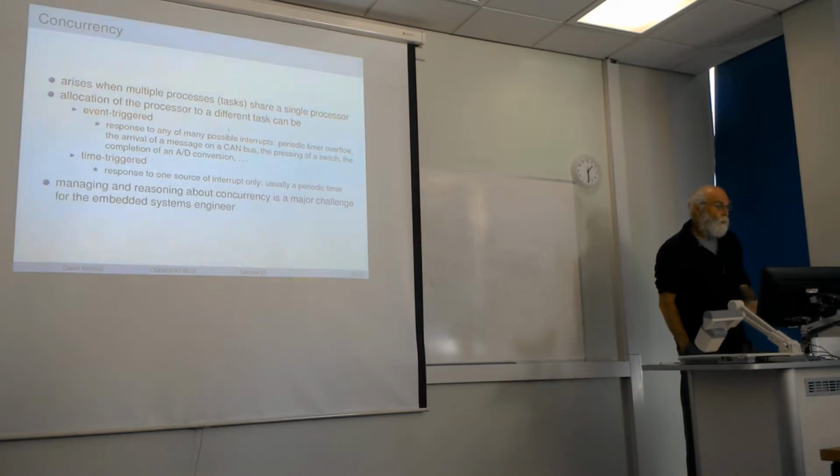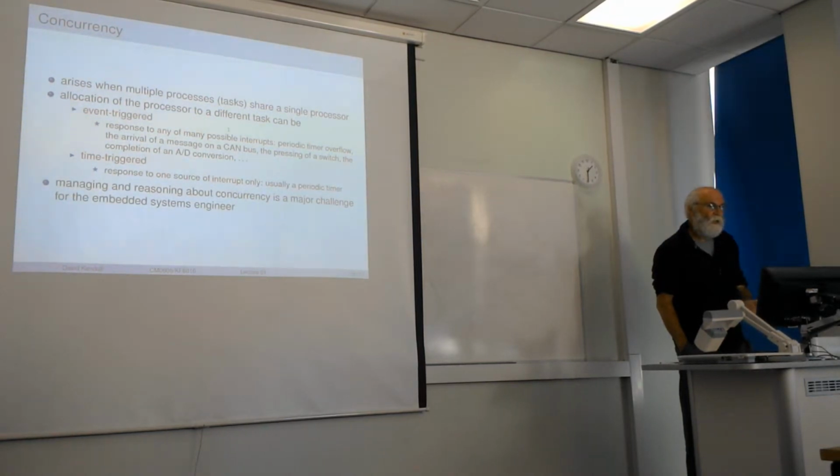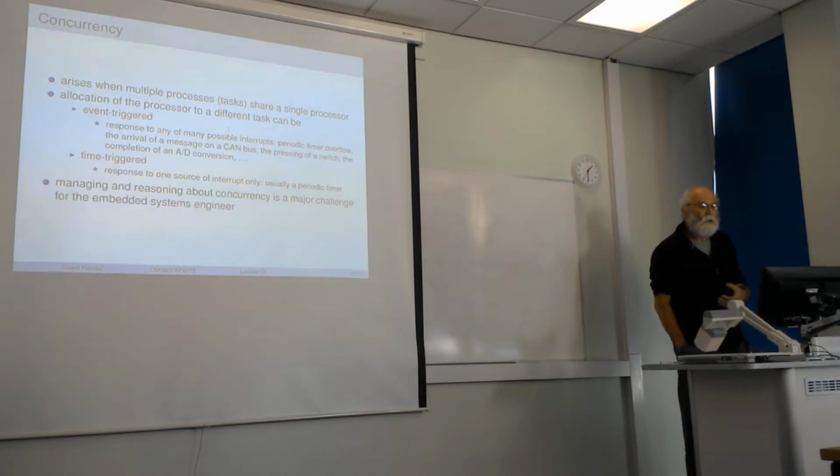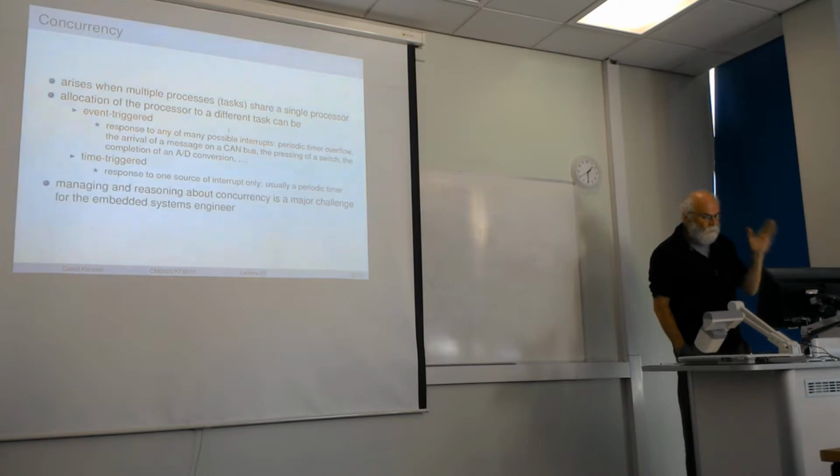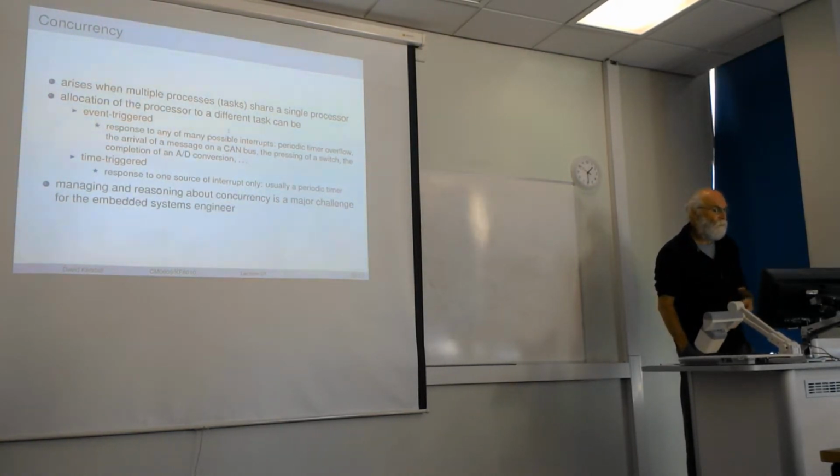An alternative to that approach is to say we're only going to consider one source of interrupt, and that will be a timer. So we'll have some timer, usually periodically, firing off an interrupt, and at that point our software gets a chance to decide which tasks are going to run.